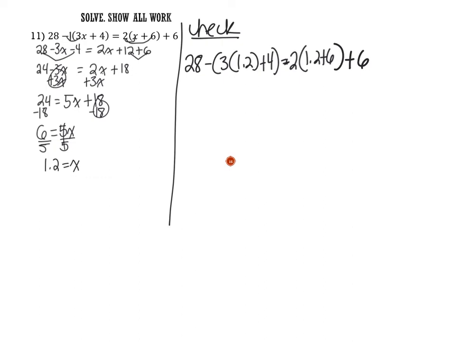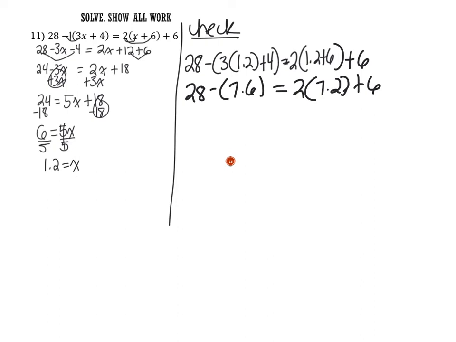So I'm going to do my parentheses first. I have 28 minus 3 times 1.2 plus 4 gives me 7.6, minus 7.6, equals 1.2 plus 6 equals 2 times 7.2 plus 6.